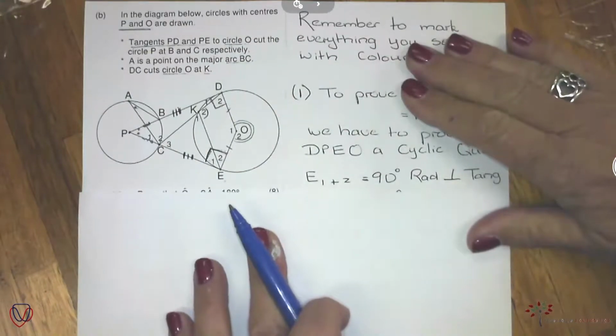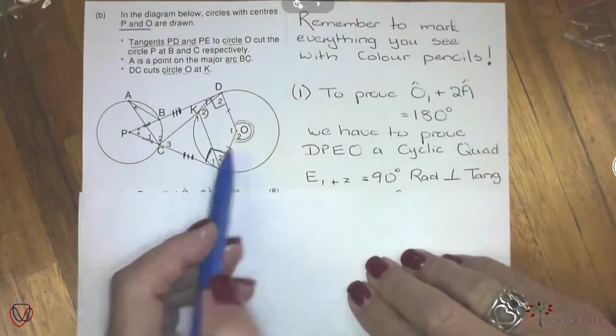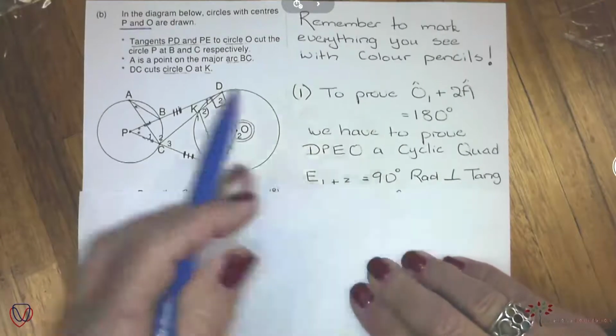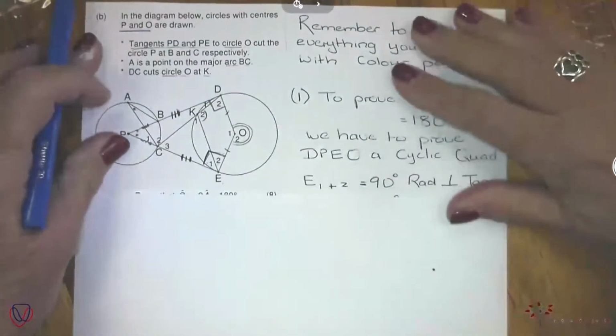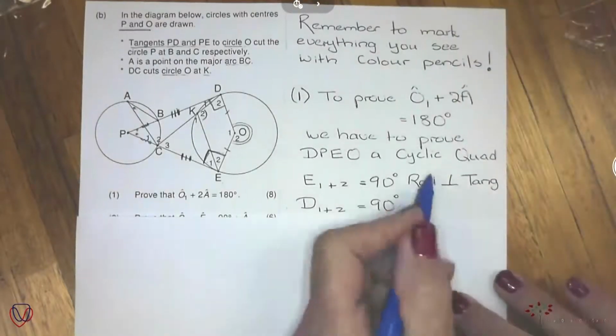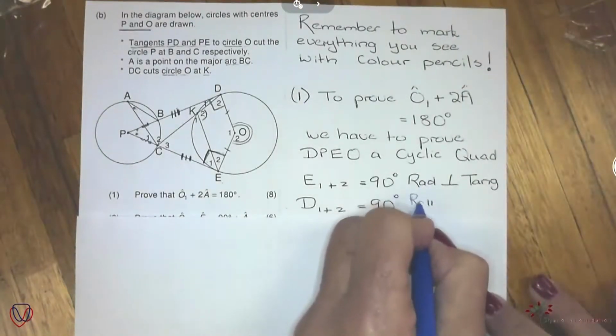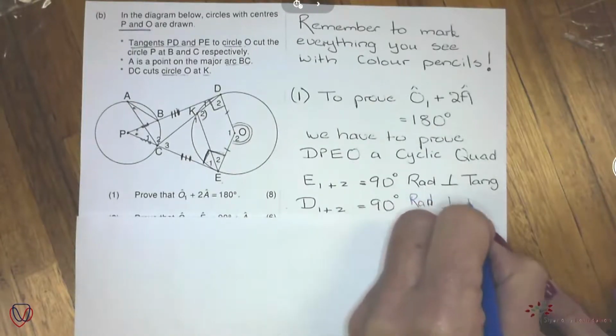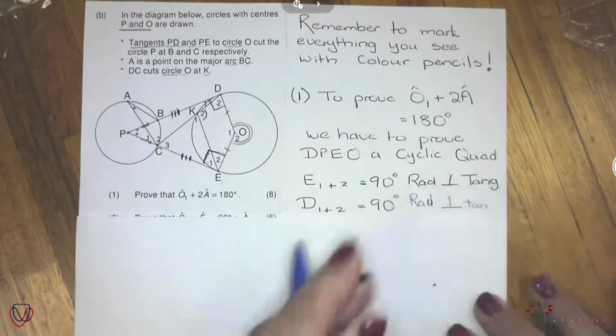We're going to say E1 plus 2 is 90, radius perpendicular on tangent. Then we're going to say D1 plus 2 is 90, radius, you shouldn't do that, well, let me write it out. Radius, I was very tired at this time, perpendicular on the tangent.